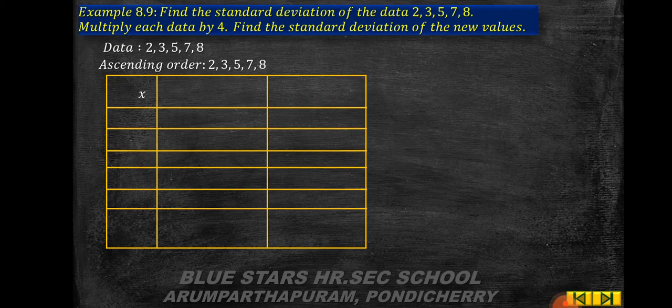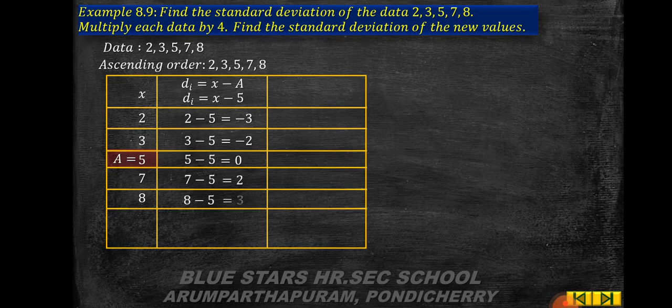You have to find the standard deviation of the given data. So write the x values 2, 3, 5, 7, 8 and di is equal to x minus a. Here a is 5. So di is equal to x minus 5. So 2 minus 5 is minus 3. 3 minus 5 is minus 2. 5 minus 5 is 0. 7 minus 5 is 2. 8 minus 5 is 3.